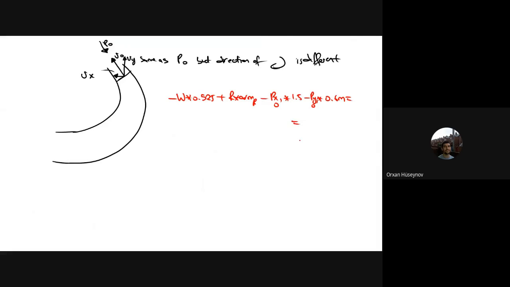That will be equal to the mass flow rate times the velocity at outlet in x direction multiplied with 1.5 meters, plus the mass flow rate and the velocity at outlet in y direction multiplied with 0.6 meters. Okay, these are the values.